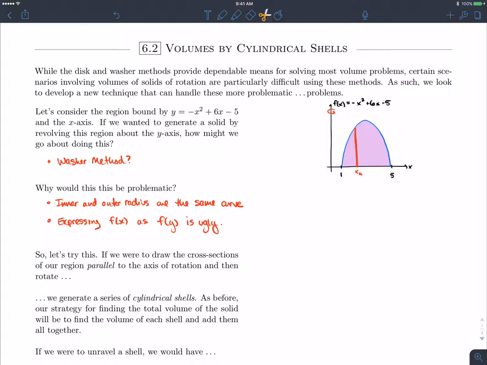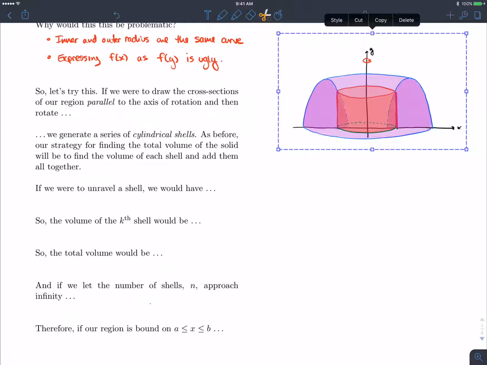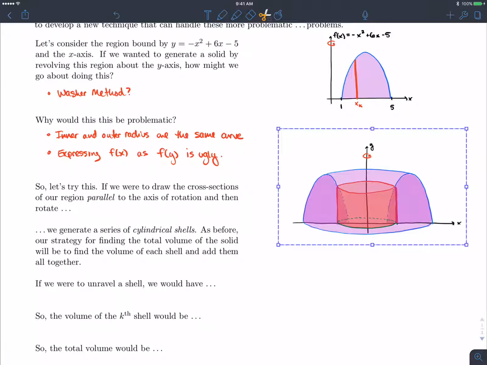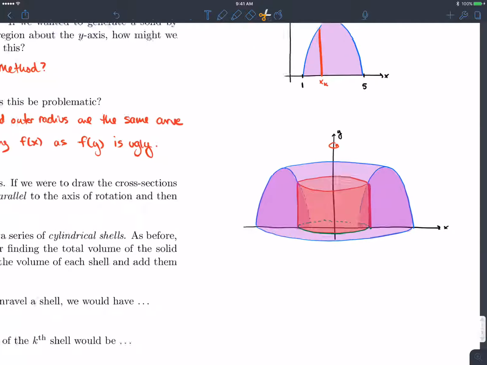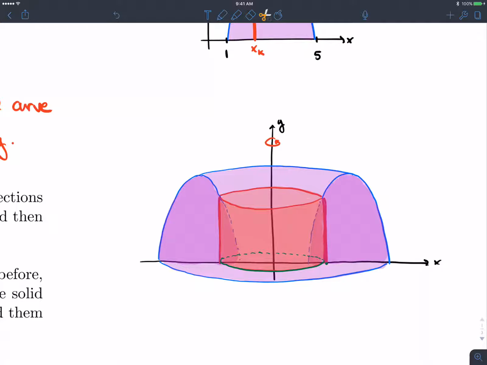Now, I went ahead and drew this ahead of time, just because drawing it live would have taken forever. So this is the resulting solid that we get, along with that first shell drawn in there. This is the x sub k that we started with right there.